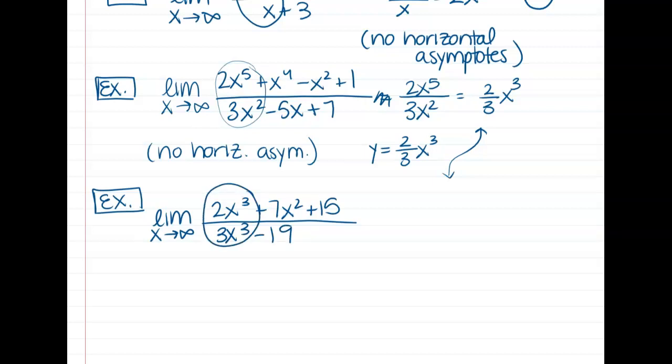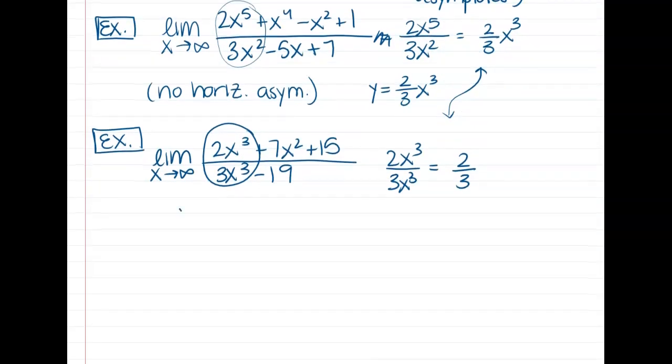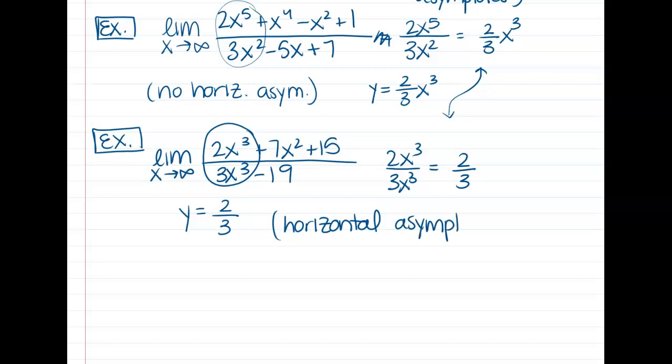Leading terms, 2x cubed over 3x cubed, which simplifies to 2/3. So our end behavior is just the function y equals 2/3, meaning we have a horizontal asymptote. Sorry for the delay. At y equals 2/3.